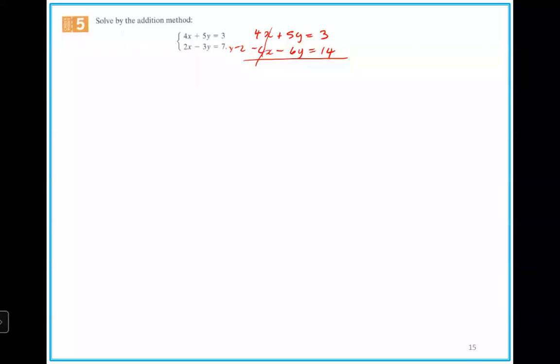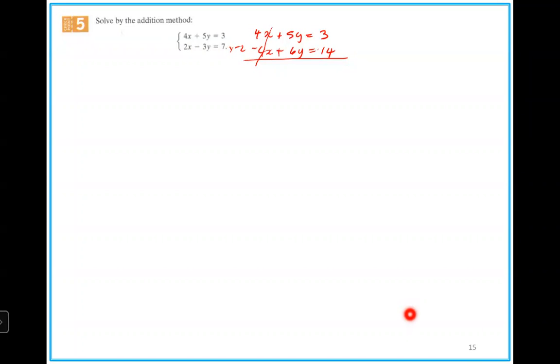Let me double check something here. 4x plus 5y equals 3. And then you multiply the other by -2. So -2 times this will give you a positive 6, and -14.